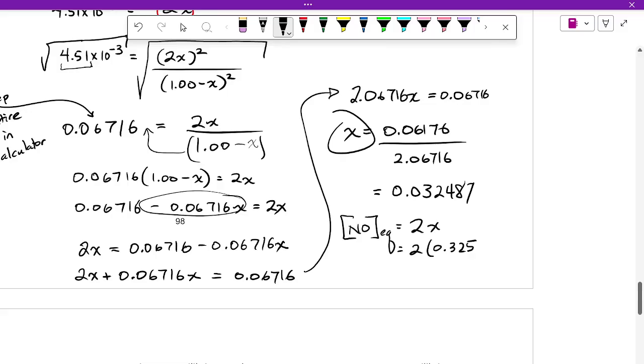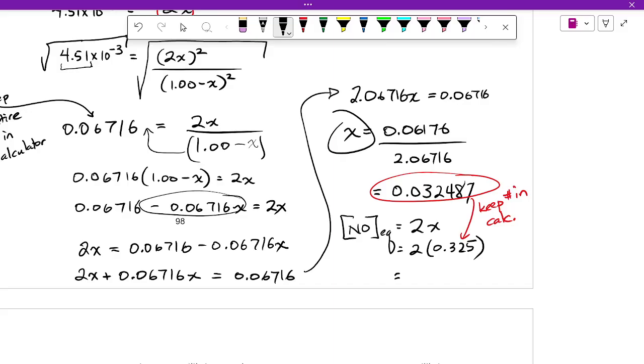Am I going to round that off, or am I going to keep the whole number in my calculator? Keep the number in the calculator. Do not round off, but I don't want to write all those digits, that's a pain. My calculator says 0.032487341. So I'm going to take that entire thing, unrounded, and press times 2.